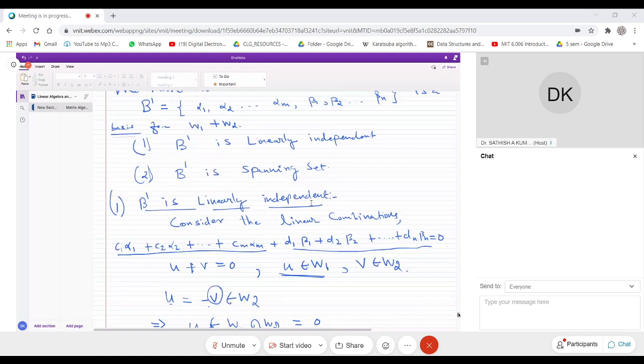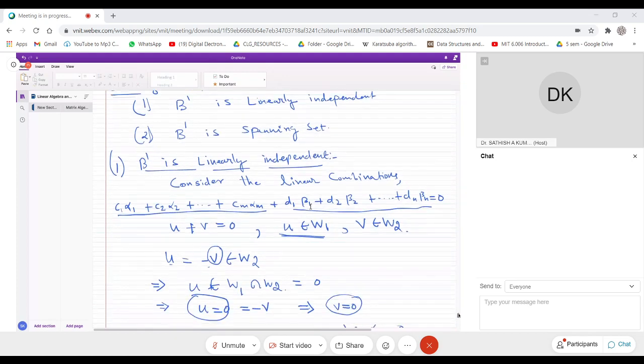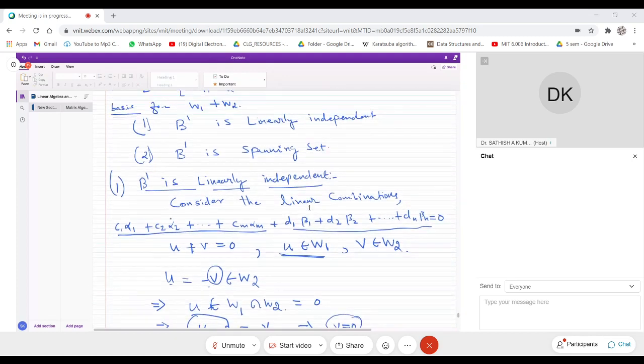First, we have to prove that it is a linearly independent set. To prove linear independence, we consider a linear combination and prove that all the scalars C1, C2, up to Cm, and D1, D2, up to Dn must be zero.